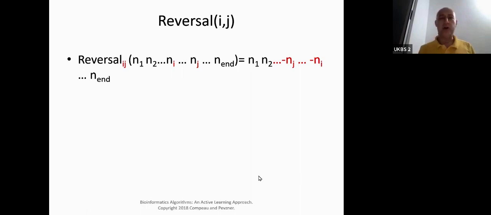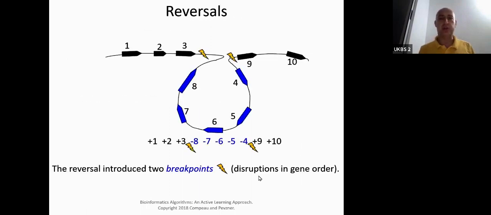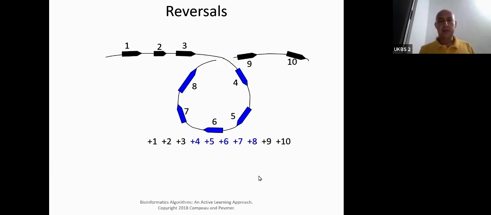And we are going to return to the previous example. This is a reversal 4 to 8. As a consequence, the reversal of a sequence 4 to 8 is minus 8 to minus 4.